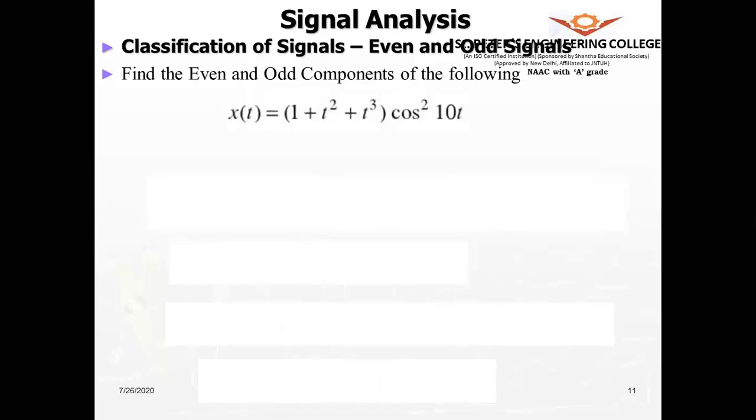Now let us take another problem, x of t, and find the even and odd components. So we will find x of minus t by replacing each t with minus t. Here minus t whole square will become plus t square, and minus t whole cube will be minus t cube.